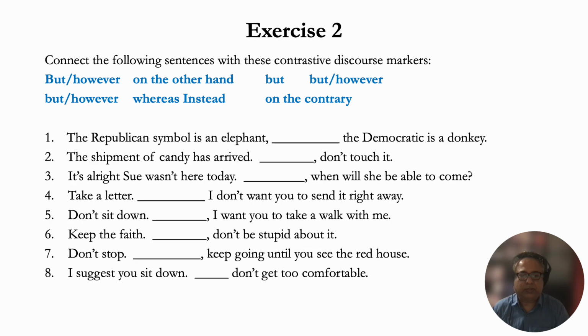Let's do one more exercise before we end this lesson. You've already done the first exercise, so this should be easy for you. Just continue on. Connect these sentences, all 8 of them. There are 2 sentences in each, and use the contrastive discourse markers to fill in the blanks.